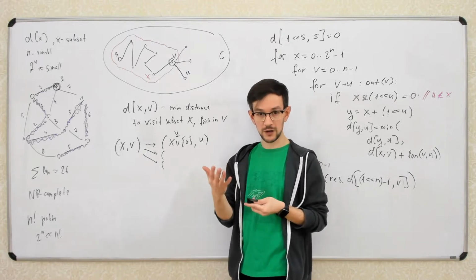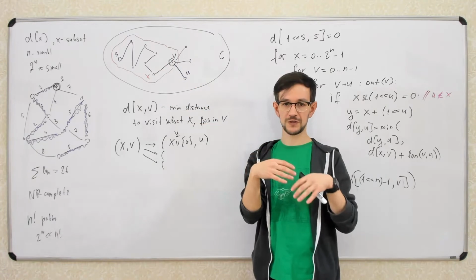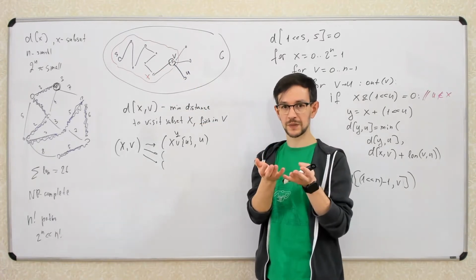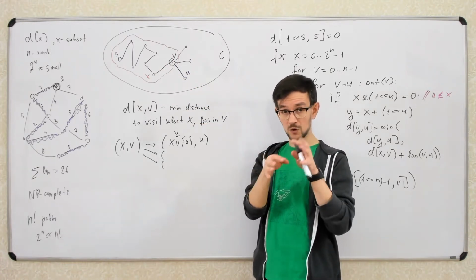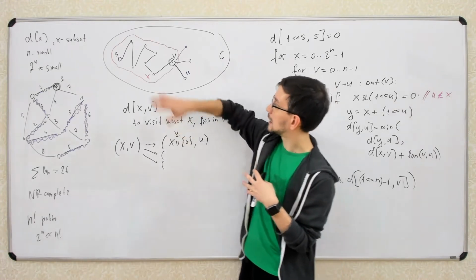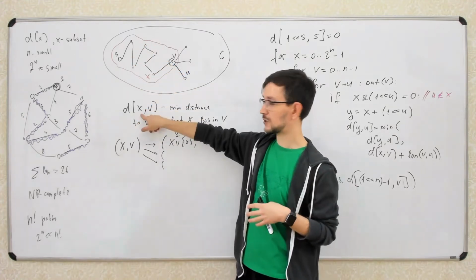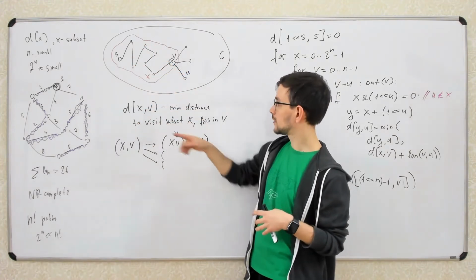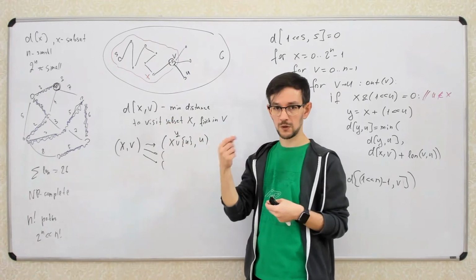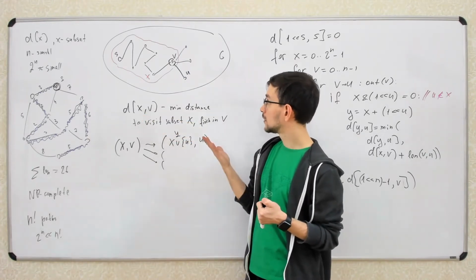If this is the only thing you care about, the subset, not the internal structure of this constructed prefix, then you can encode this subset as a parameter of your dynamic programming, and you will have 2 to the power of n possible elements in this array. That's all.